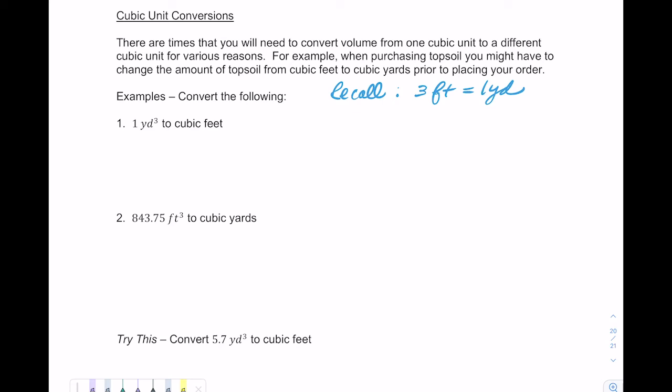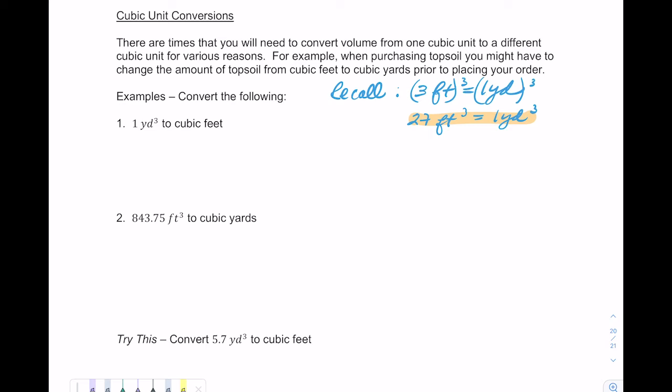So cube means to raise it to the third. So all I'm going to do is raise each side to the third power. And 3 to the third, remember, just means 3 times 3 times 3. So that's 27 feet cubed equals 1 cubic yard. So if you can remember that conversion, you can convert from cubic yards to cubic feet and vice versa.